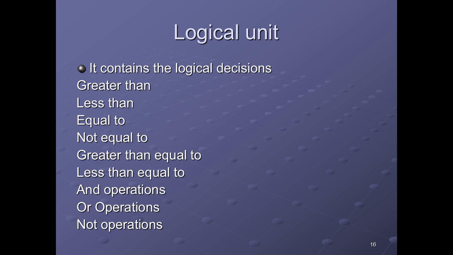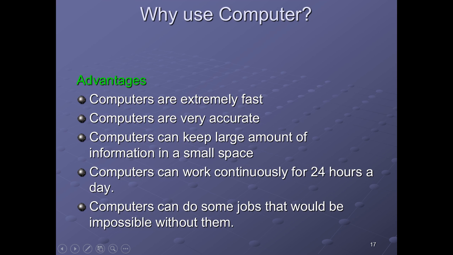Now why use a computer? Because it is fast and accurate. If the user enters accurate data, it will give you an accurate result. Also, a computer can keep a large amount of information in a small space.